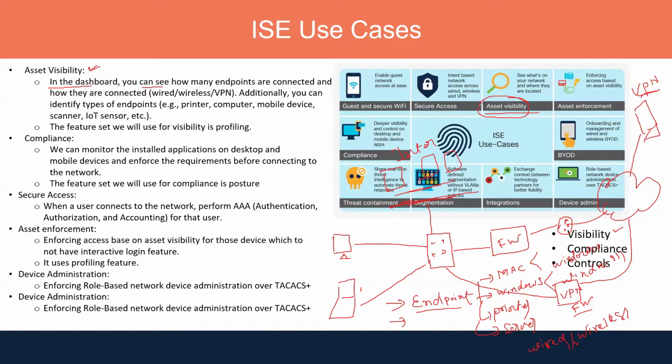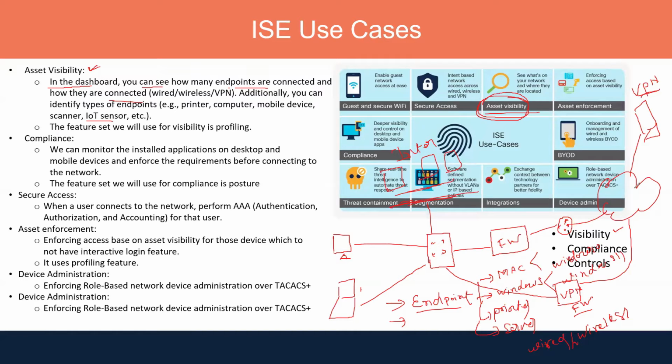Using this asset visibility feature or use case, you can see how many endpoints are connected, how they are connected, and you can also identify their type, whether they are printers, computers, mobile devices, scanners, IoT sensors, and whatnot.